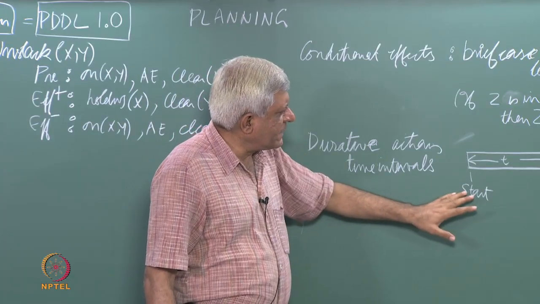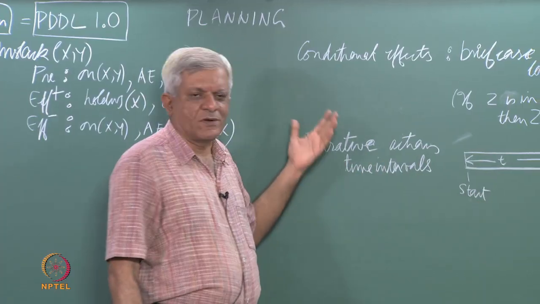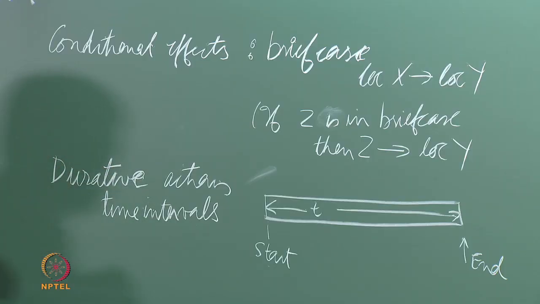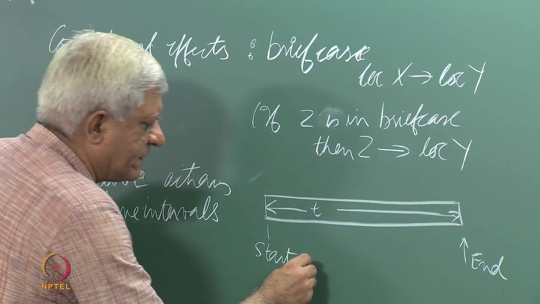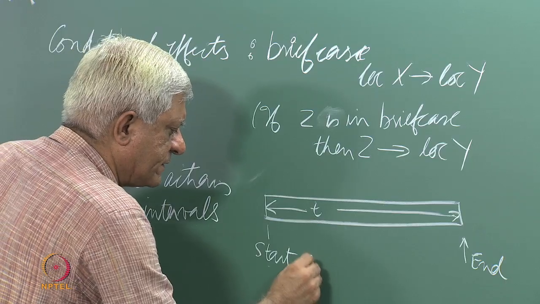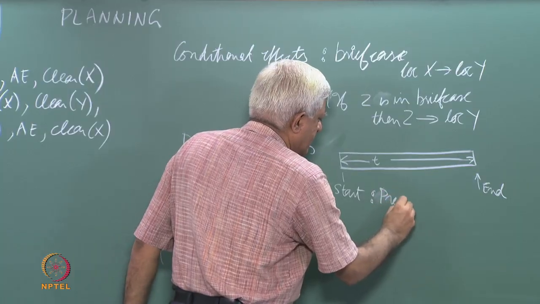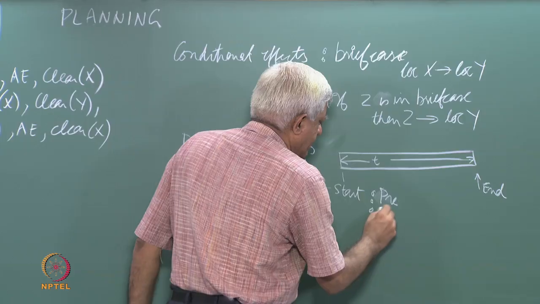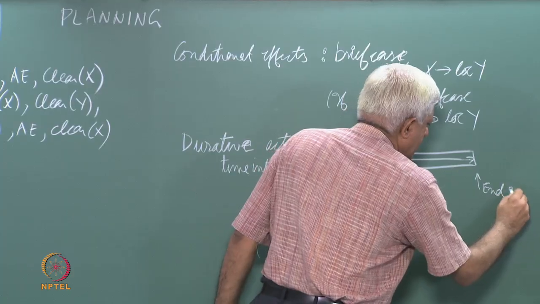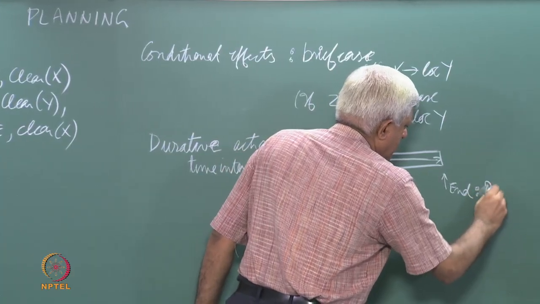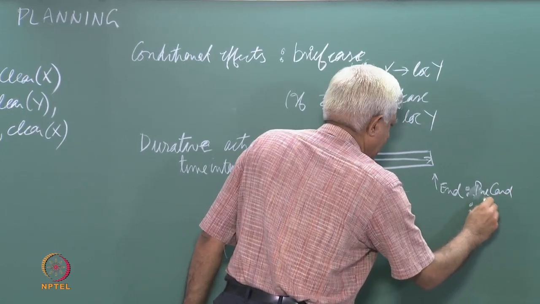And so, this is the start of the action, this is the end of it. The action is defined over a duration, and such actions are called durative actions. What you have is start conditions, or let us use the term preconditions, that is what we are using, and then start effects, and you have end conditions and you have end effects.